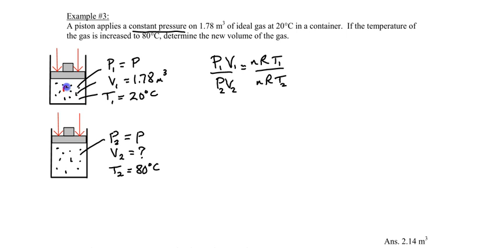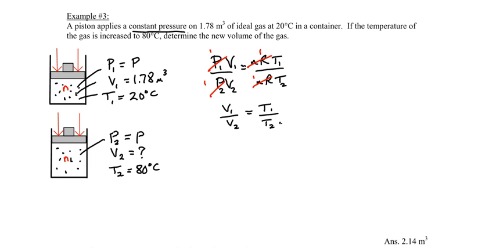So the number of moles in state 1 and state 2 is the same because there's no leak, there's no gas that's actually escaping, and the gas constant is constant as well. And then the pressure is remaining constant because the platform can move up and down, so pressure 1 and pressure 2 are the same. And we get volume 1 over volume 2 equals temperature 1 over temperature 2.